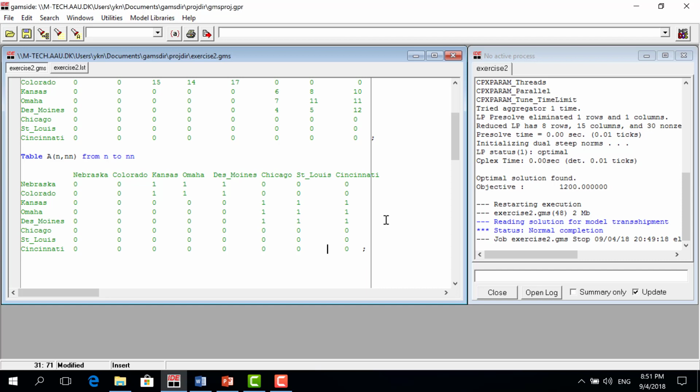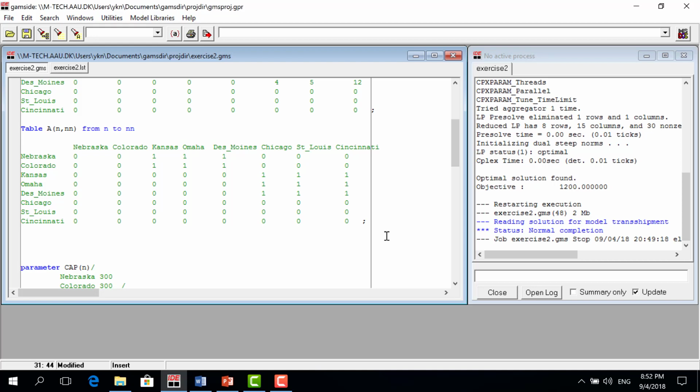And if the delivery from Colorado to Kansas, it is allowed because it has number 1 here. I think we should make this tabulation with structure, otherwise it would not be read by GAMS software.